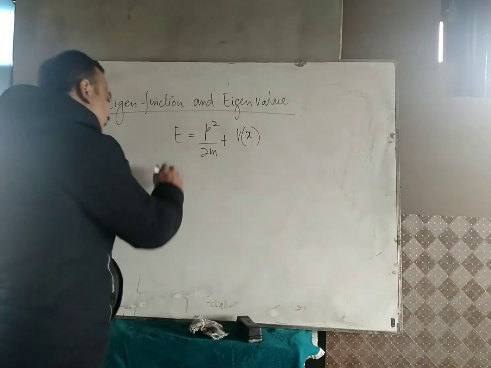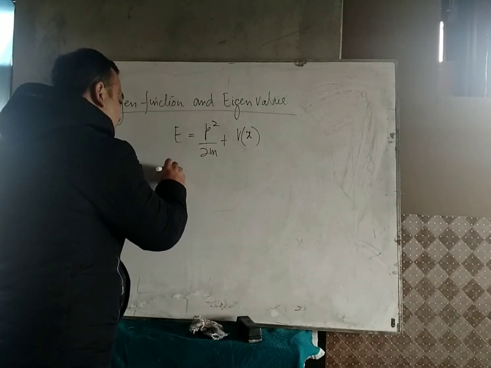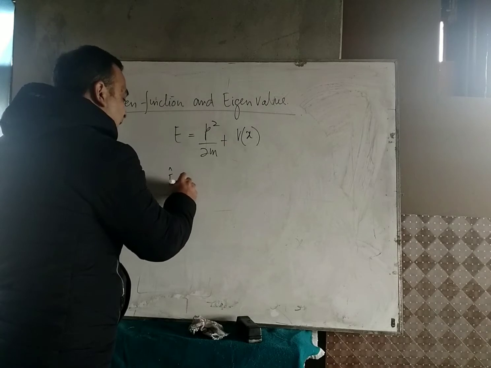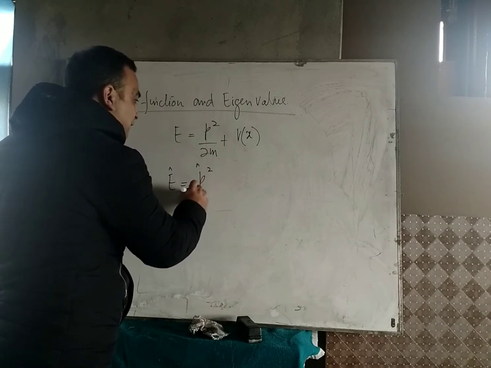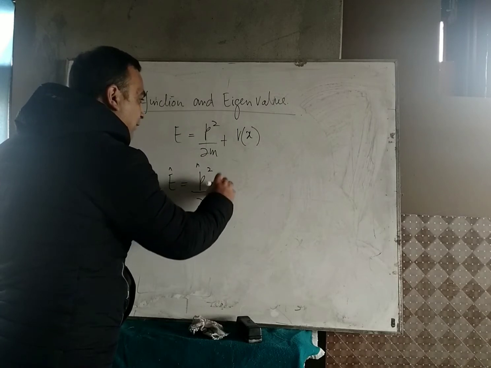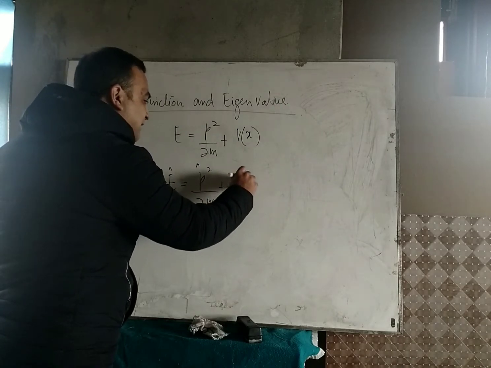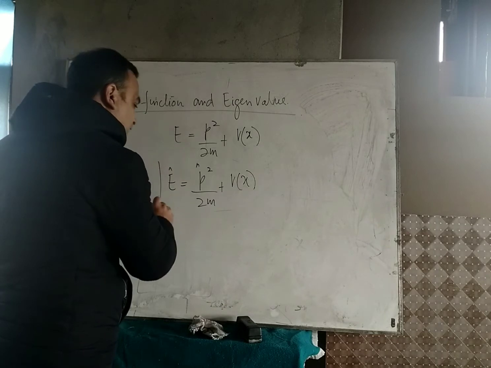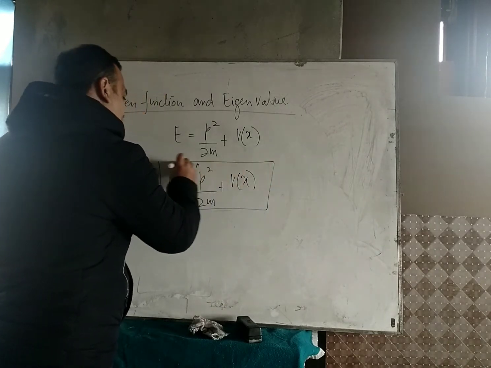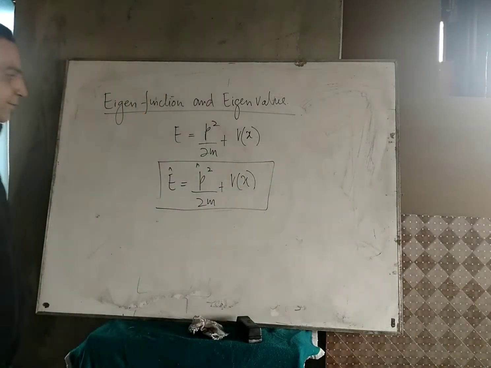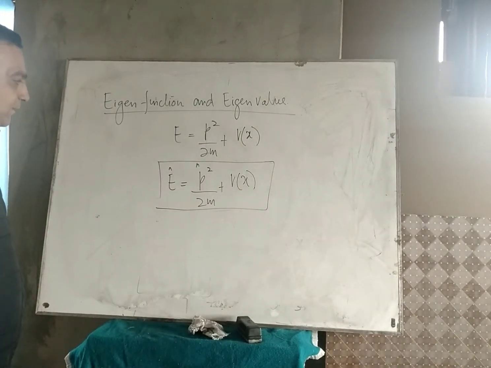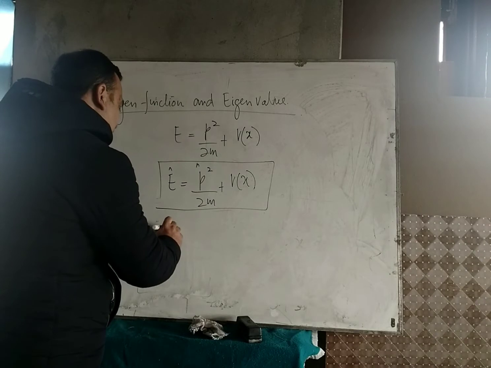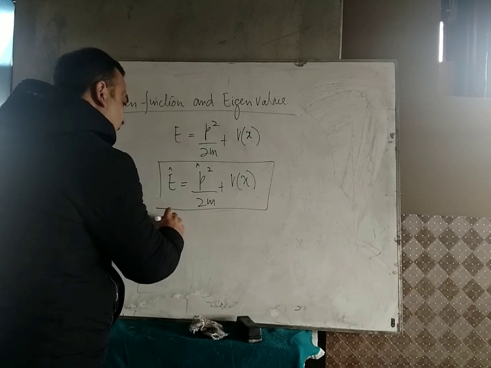So for E, I will use an operator E cap, and for P it will be P cap, divided by 2m, plus V. So if I proceed, I will write E cap.